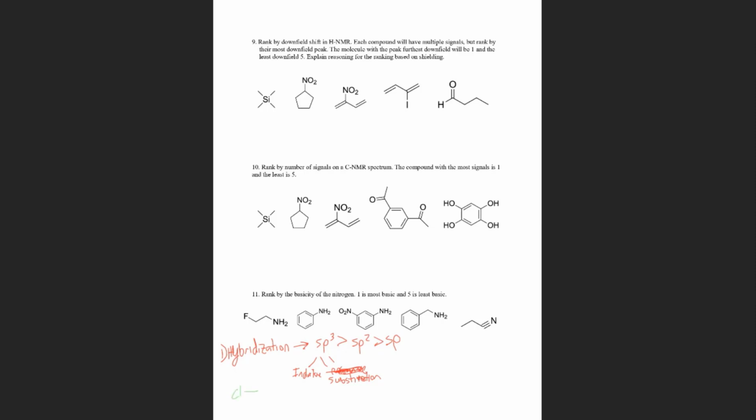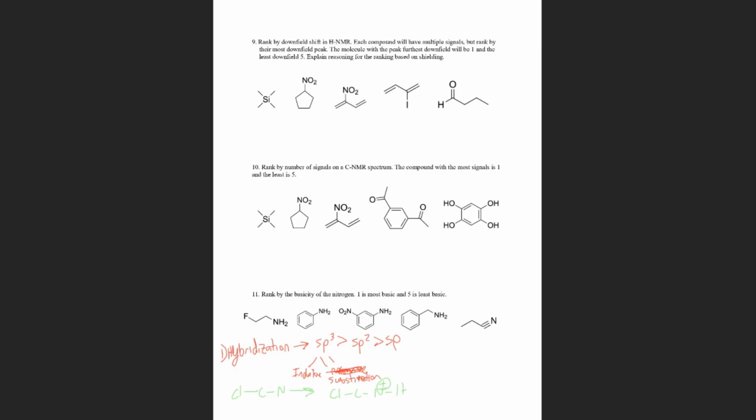So chlorine bonded to carbon, bonded to nitrogen. I'm not drawing hydrogens. If we were to react this as a base, we would get chlorine, carbon, nitrogen, hydrogen, positive charge.